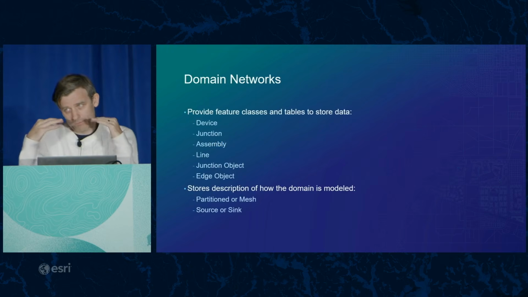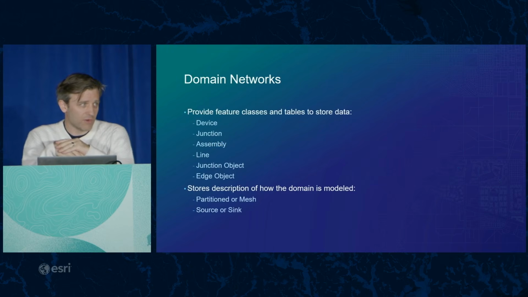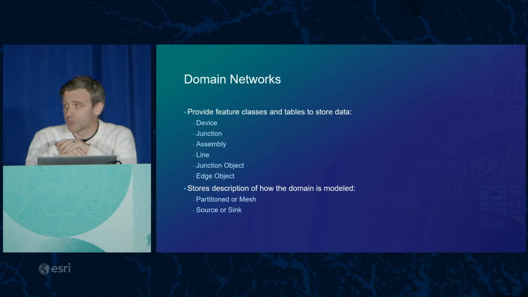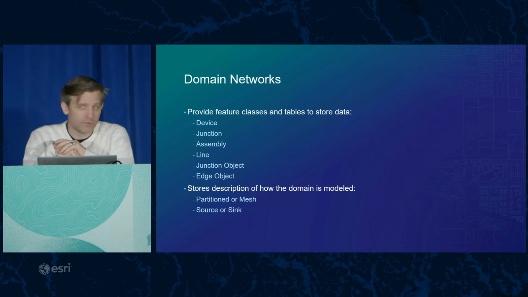So the highest level item in a utility network is what we call our domain network. Each domain network provides you a schema to use to populate with your data. Every schema includes a device, junction, assembly, and line feature class, and it contains 2 non-spatial tables: the junction object class or table and the edge object table.